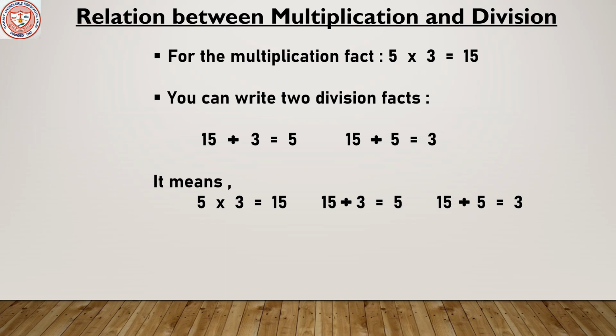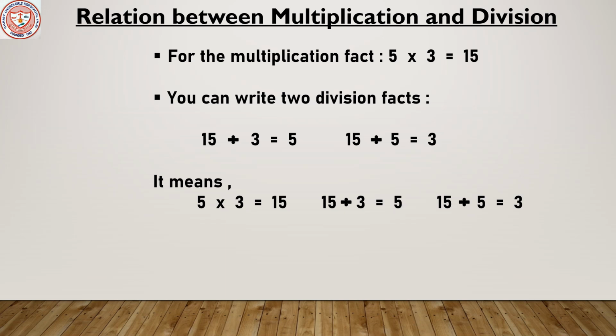This tells us an interesting fact: when we divide the product by one of its factors, like 15 divided by 3, where 15 is the product and 3 is a factor of 15, the quotient that we get is the other factor.